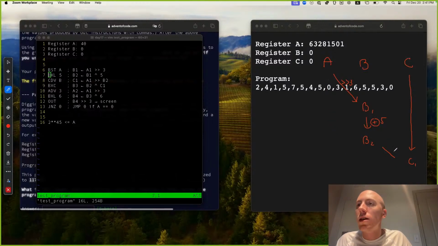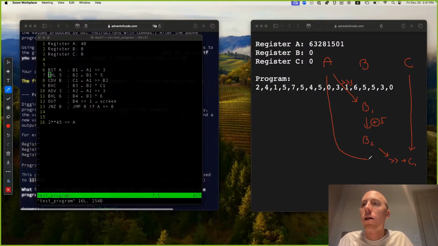And then B3 is B2 and C1, the XOR. I guess it's this XOR kind of thing.